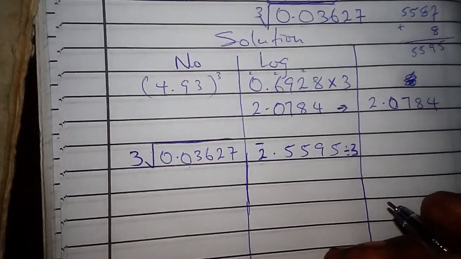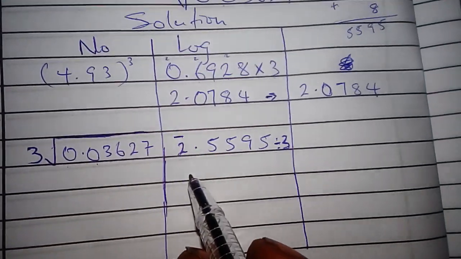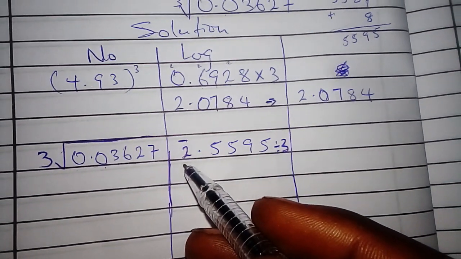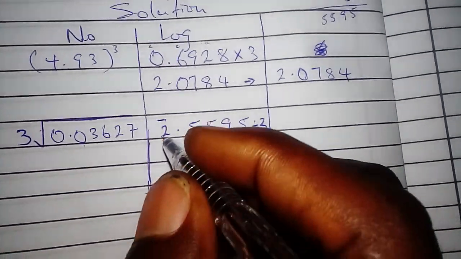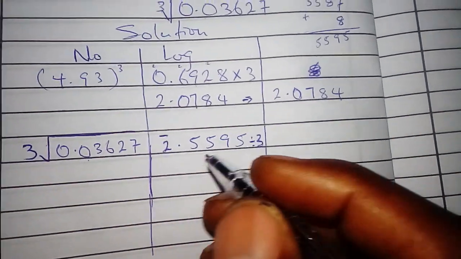So now we divide it by 3. But before then, we need to work on this by 2. Since 3 cannot divide this minus 2, we need to work on it by separating, first of all, these two different distinct numbers.